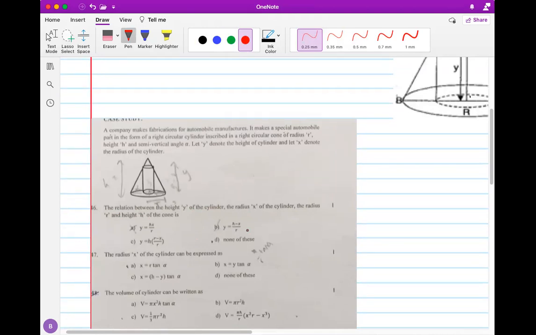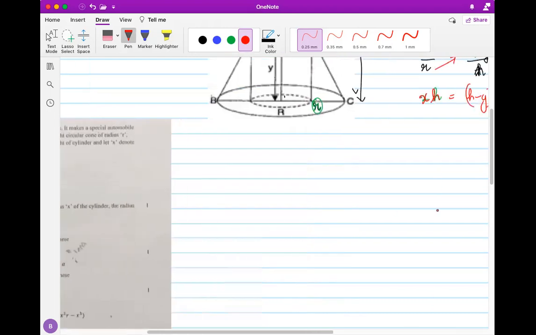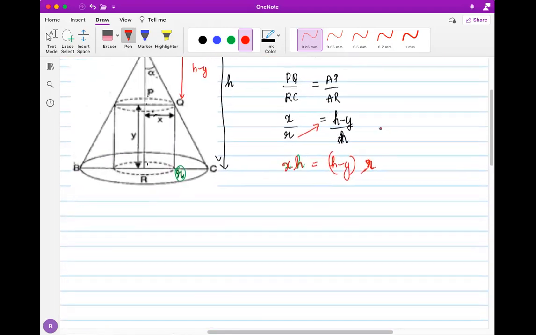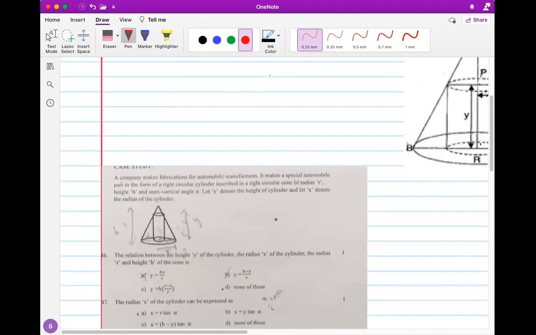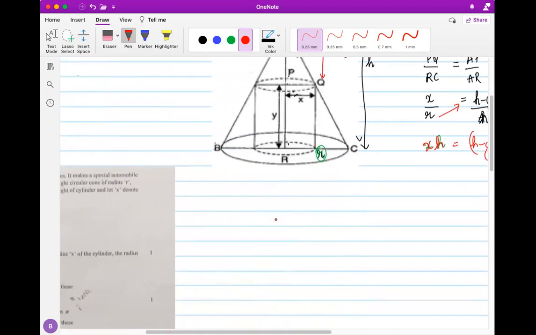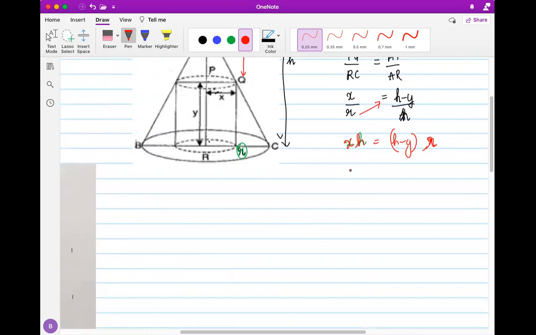We shall find it from options A, B, C, D. So which is the right answer? We have x into H equals H minus y into r. We need to write it in terms of y, because in all the options we have y equal to. So x into H equals r into H minus r into y. Now in terms of y, x into H, now r into y, let me take it to the other side.